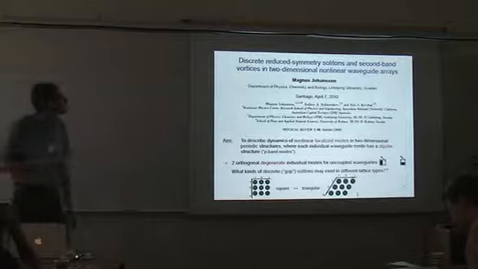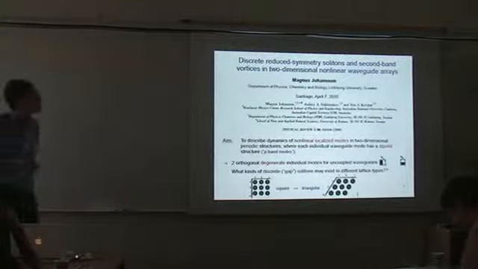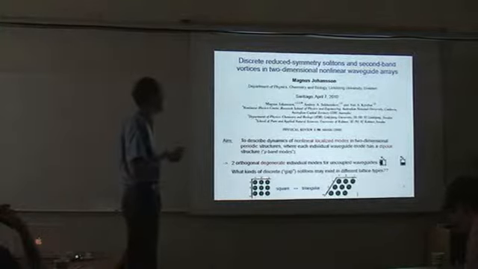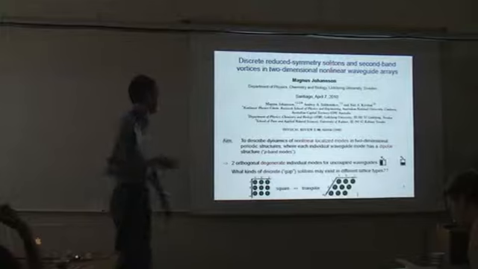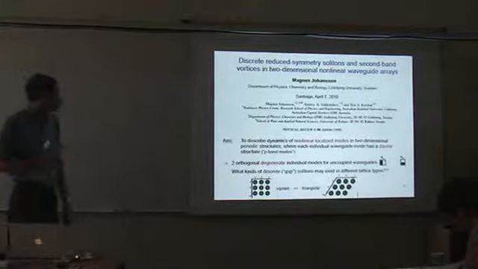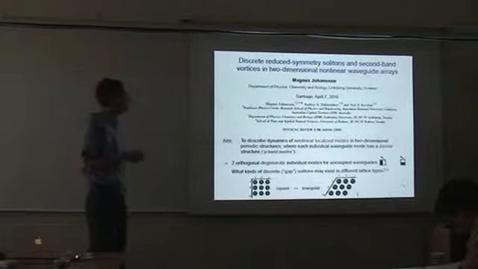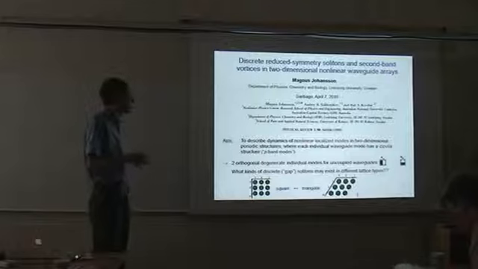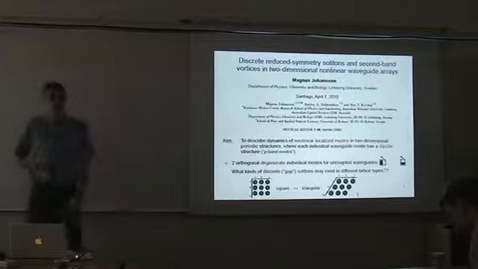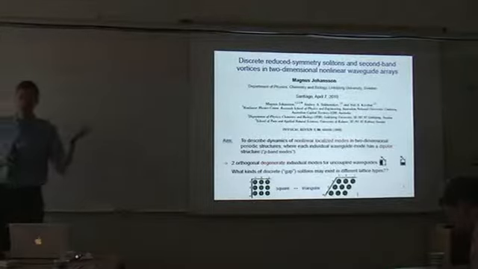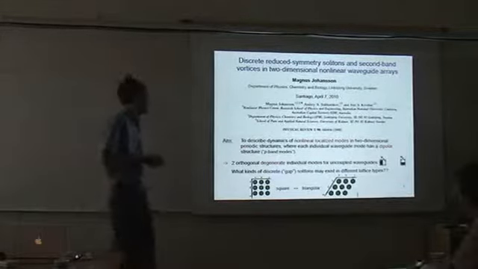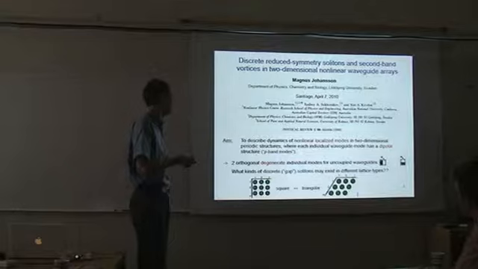And as two-dimensional waveguide arrays, the main particular property of these systems is that we look at situations where we have individual waveguide modes of a dipolar structure, which in the condensed matter context corresponds to modes originating from p-bands.